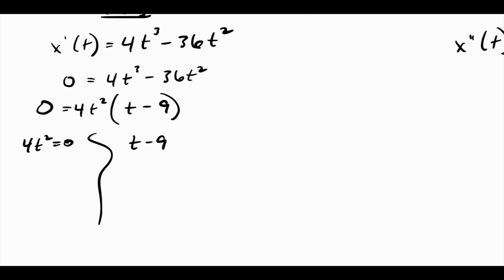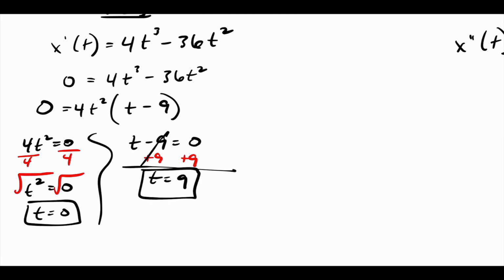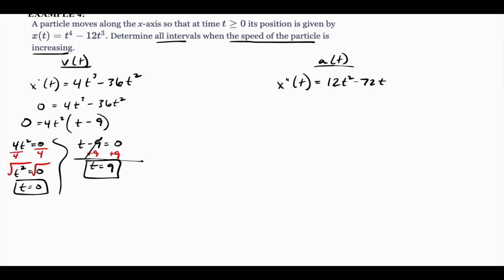Set t minus 9 equal to 0. I get two answers. 0 and 9. Here's my question.